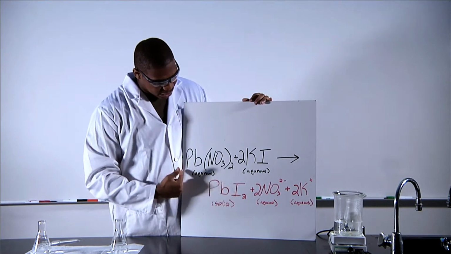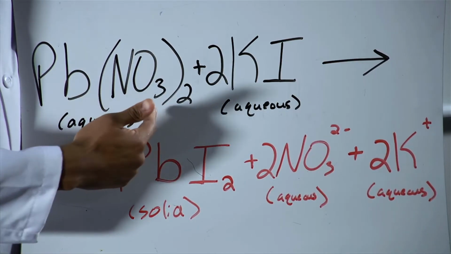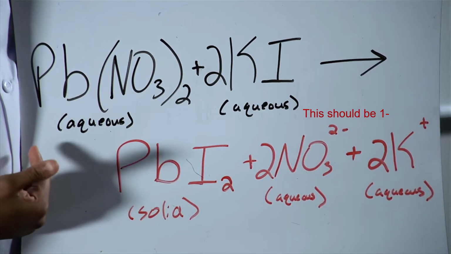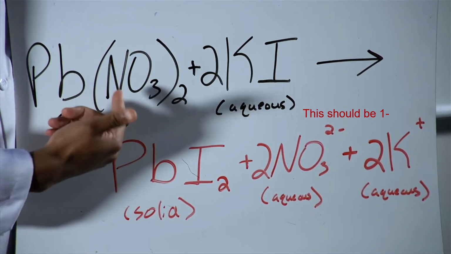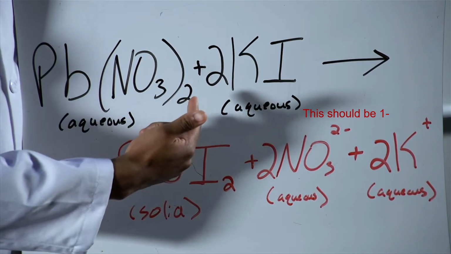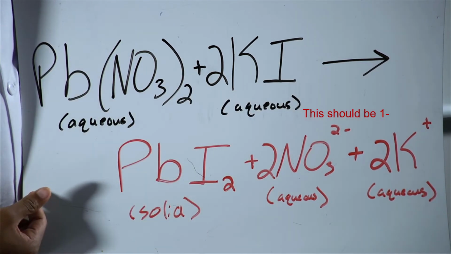First, we see that we have lead nitrate, which is an aqueous solution, which means that the lead nitrate is soluble in water to a certain extent, as well as potassium iodide.